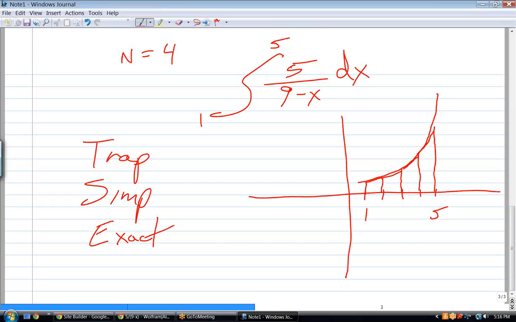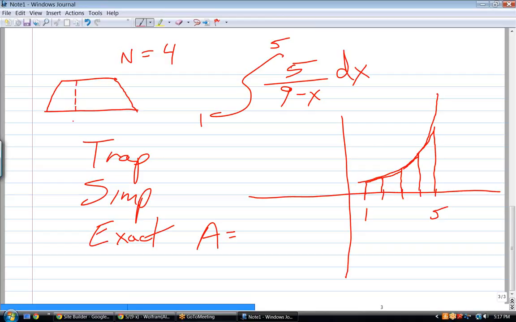So I have to sum up those trapezoids. What's the area of each trapezoid? What's the formula for the area of a trapezoid? See if I remember it. If I draw a trapezoid like this, what's the area of that trapezoid?